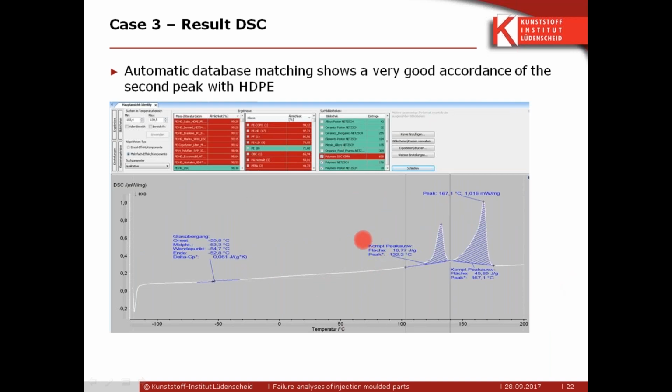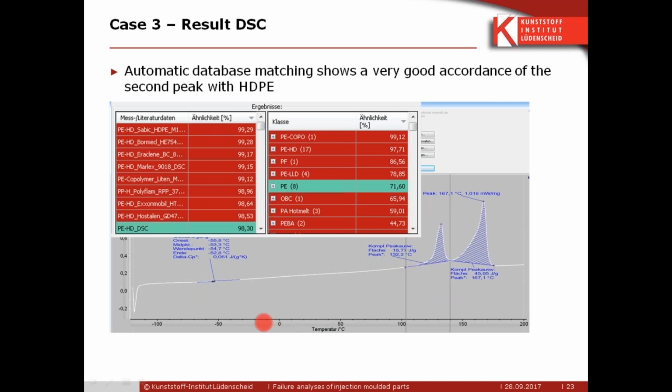In this case, we see, okay, your problem is that you have a material mixture with something else. Our customer asked us, okay, that's interesting, that gives us an idea why we have problems, but what is the mixed material?